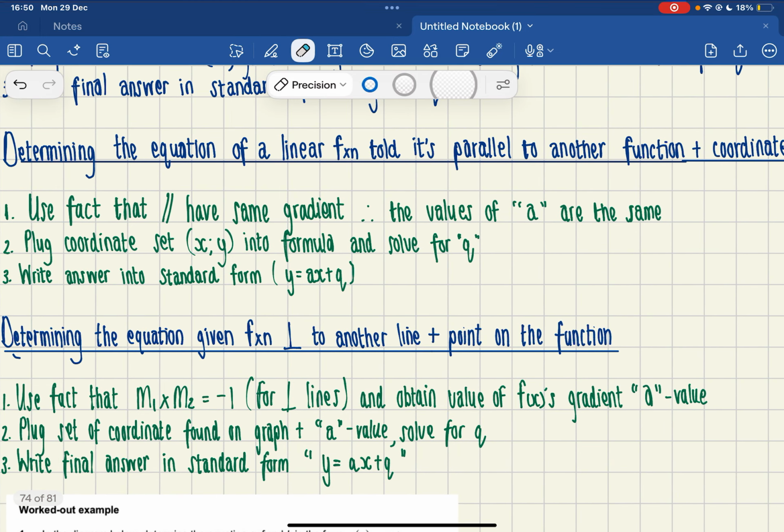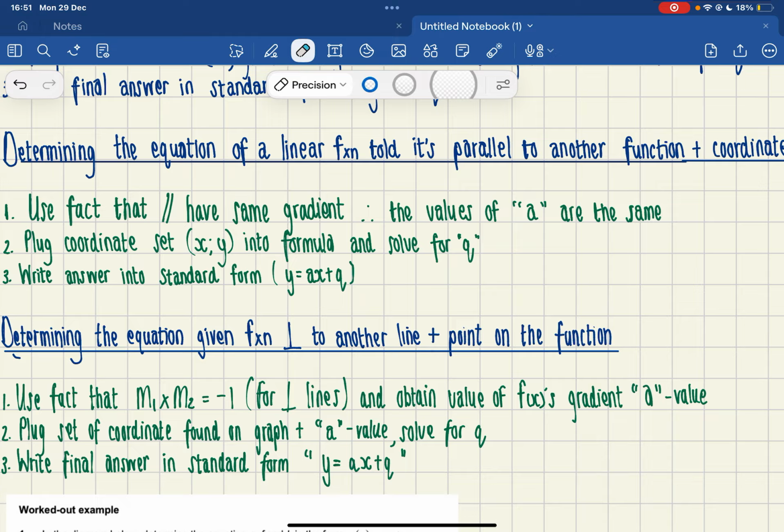And last but not least, boys and girls, they can ask you to determine the equation given a straight line function. And they'll tell you that this line is perpendicular to this line, and they'll give you another point that lies on the graph or on the function. What would you do? Go back to analytical geometry.